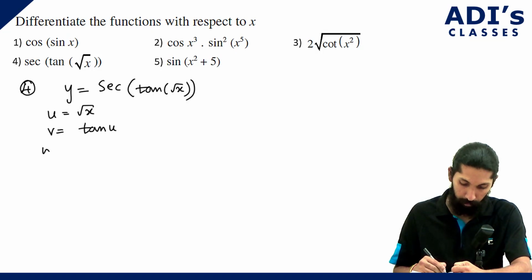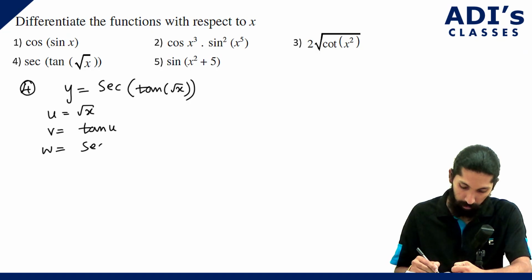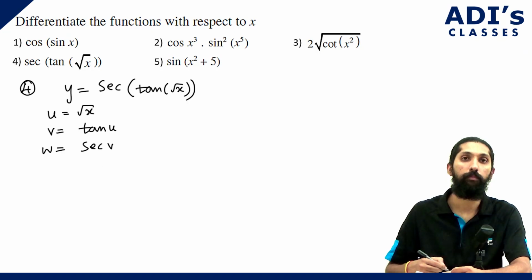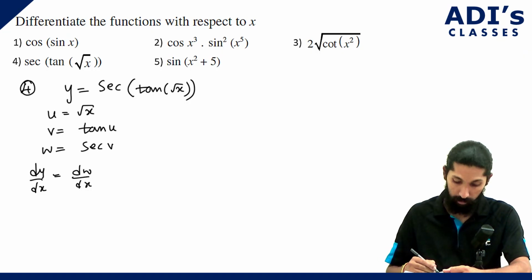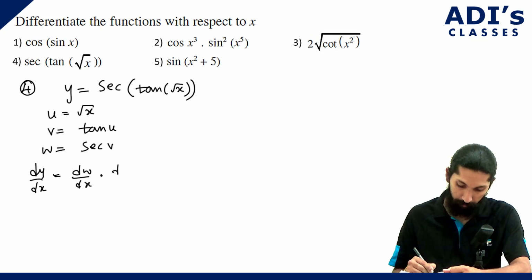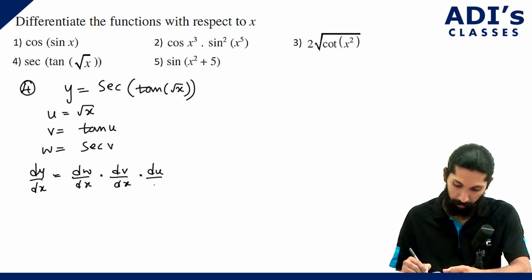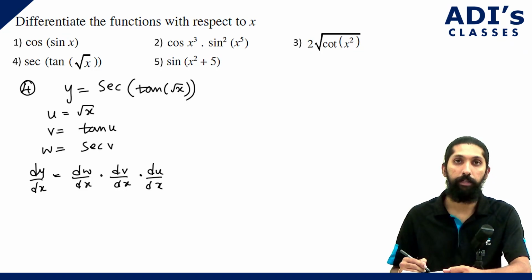Then finally w is equal to secant v. All right, again dy by dx is nothing but dw by dx, first part, into dv by dx into du by dx, correct?